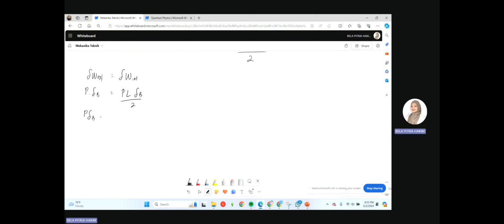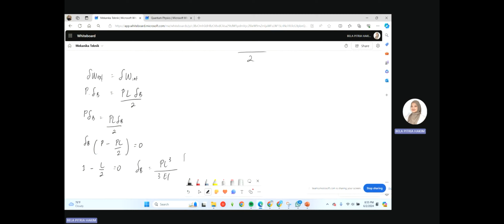Solving for delta B, P minus P L per 2 equals 0. So delta B is P L cubed per 3EI.